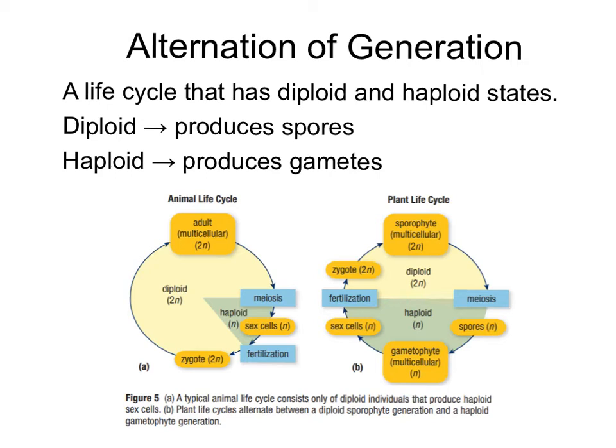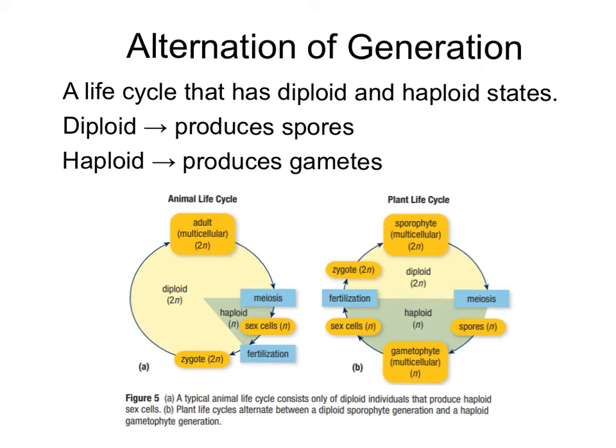So in humans, most of our cells are diploid because we have one set of chromosomes from mom and one set of chromosomes from dad. But our sex cells, so our eggs and sperm, are haploid. They have one set of chromosomes. And then when that egg and sperm fuse, it will become diploid.